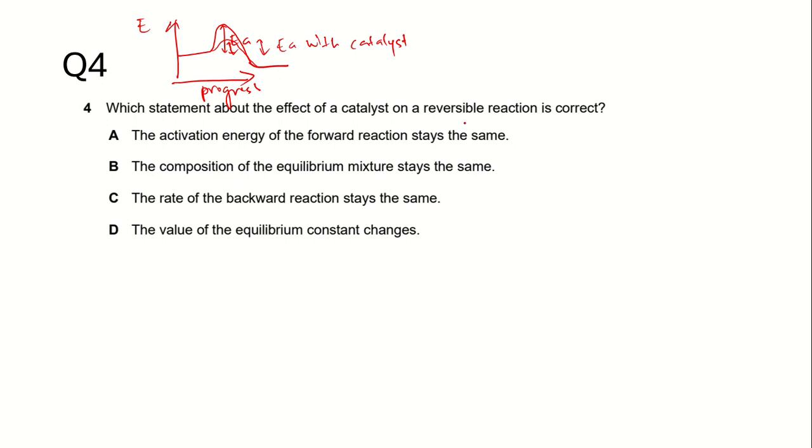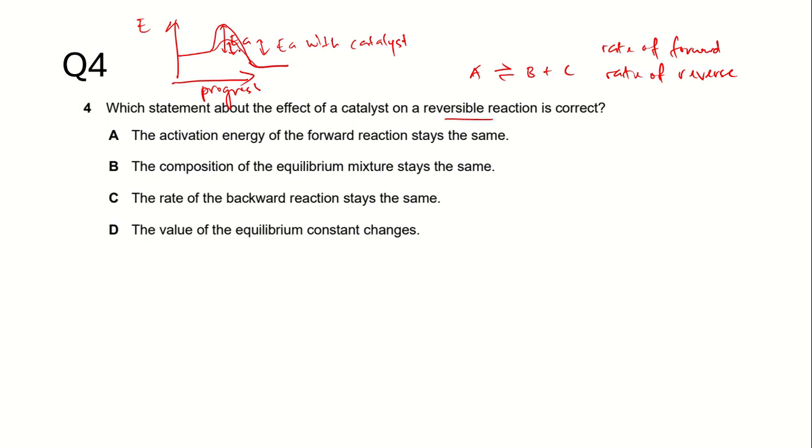Even for a reversible reaction, it is the same thing. Let's say A forming B and C, reversible. Adding a catalyst will increase the rate of the forward reaction, and will also increase the rate of the reverse reaction. Why? Forward reaction without catalyst, activation energy is high.